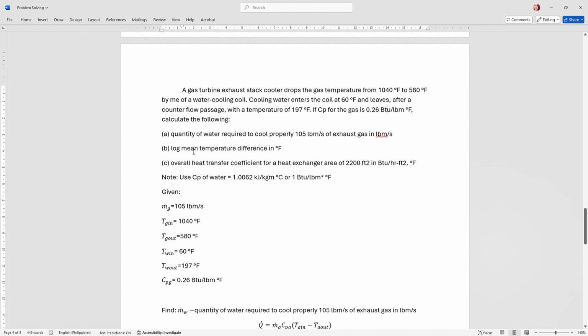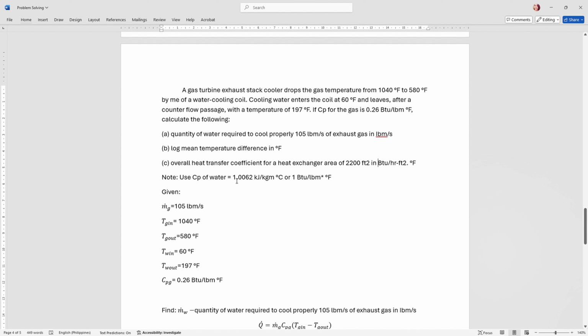So, yung hanap natin dito is quantity of water. Meron tayong mass ng exhaust gas. Then, pangalawang hinahanap is LMTD in degree Fahrenheit. Then lastly, overall heat transfer coefficient. Binibigyan din tayo ng condition na area, which is 2200 square feet.